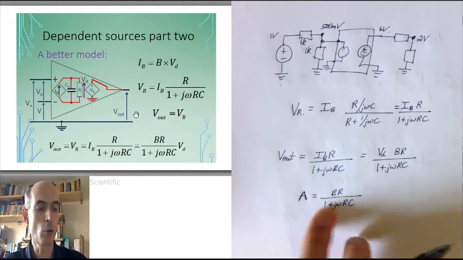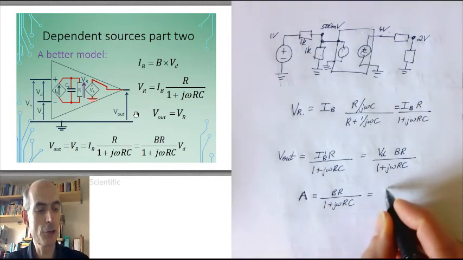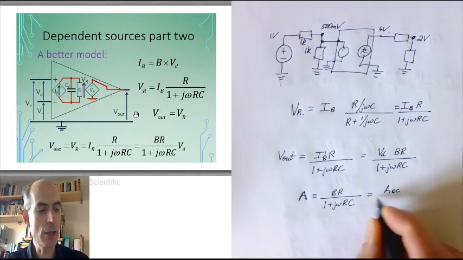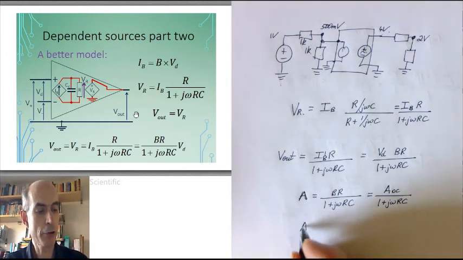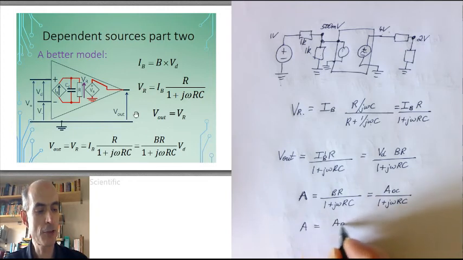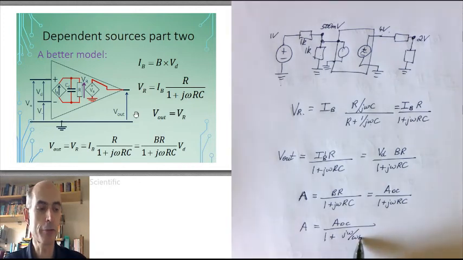It would be BR over 1 plus 0. So I will usually write this in terms of the open loop gain at DC as A_DC over 1 plus j omega RC. And I could even go one step further and write this as A_DC, the open loop gain at DC, divided by 1 plus j omega over omega_B, a characteristic frequency of the op-amp.